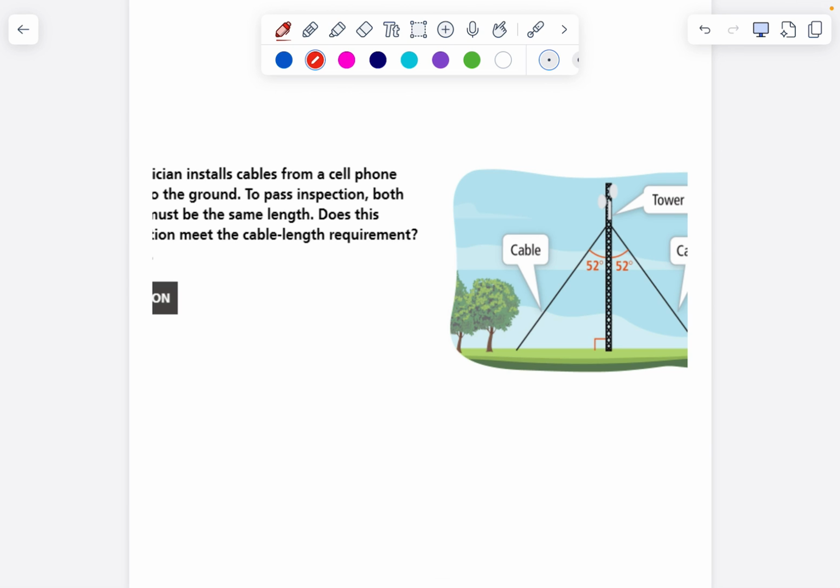In other words, we're asking, is this true? So you're really asking, do we have enough information to prove if each triangle is congruent? Okay, so look at it as one like we just did, and then you'll be able to say if the cables are the same length or not.